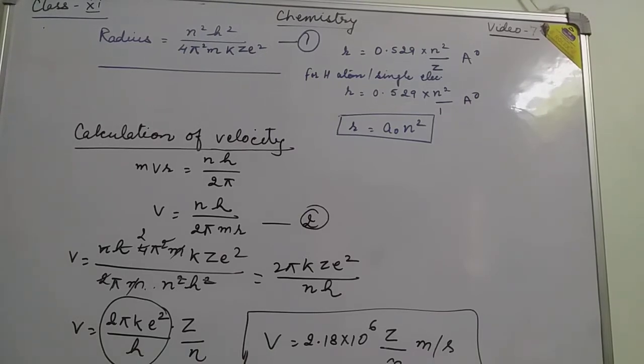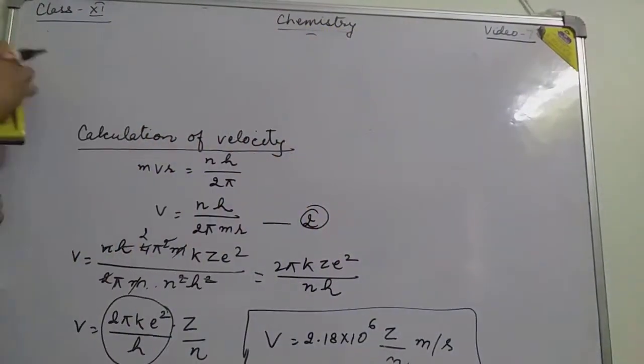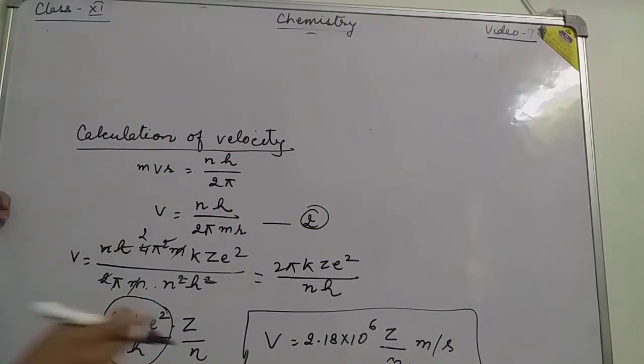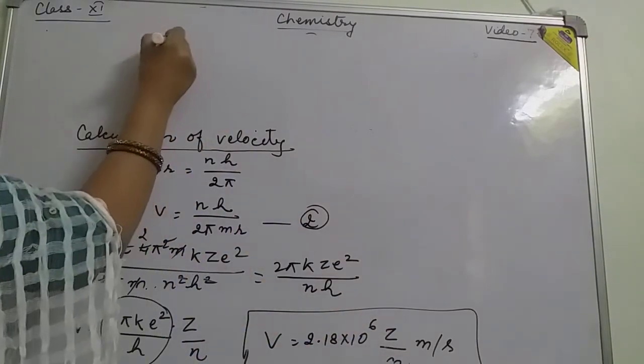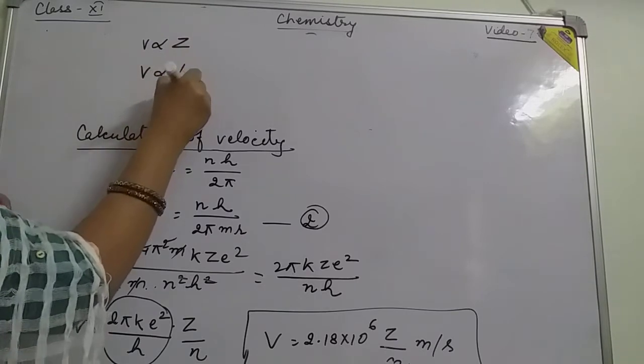So we can calculate the different velocities of electrons in different shells by this equation. Here we can conclude that velocity is directly proportional to z, and velocity is inversely proportional to the number of shell.